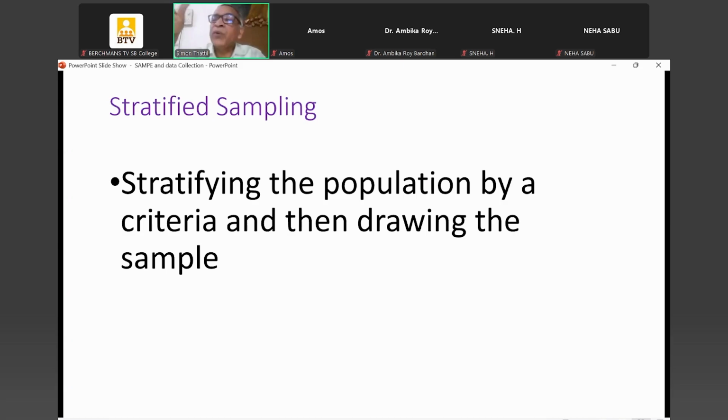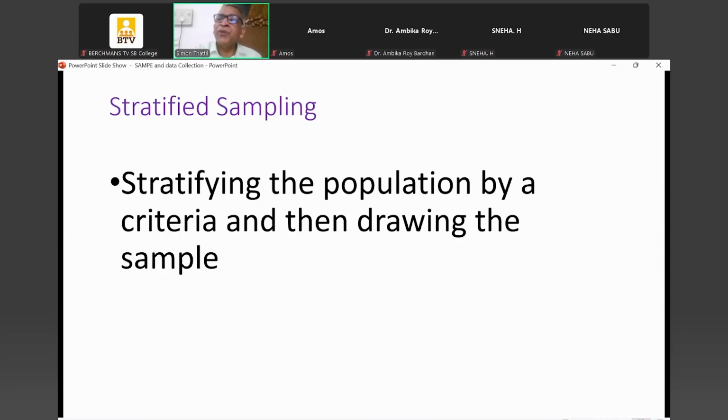Or when I'm looking at one district, I say that 60% of the people in that district are urban and 40% are rural. Now the population is 1 stratum urban, 1 stratum rural. Now if I have a sample size of 500 or something, I take it exactly proportionate with this in terms of the strata. So strata are formed based on your research objective.